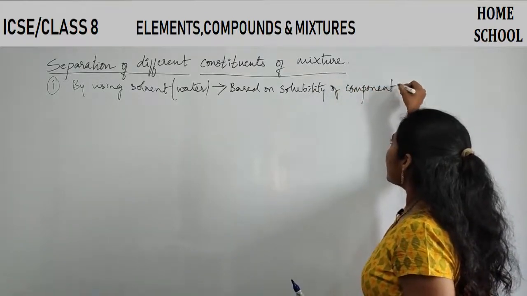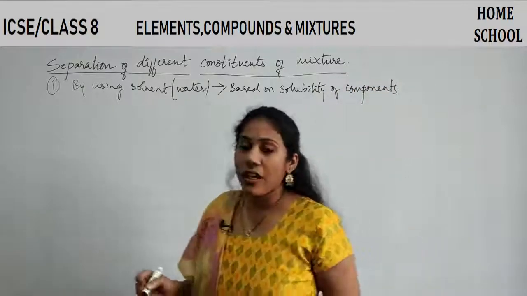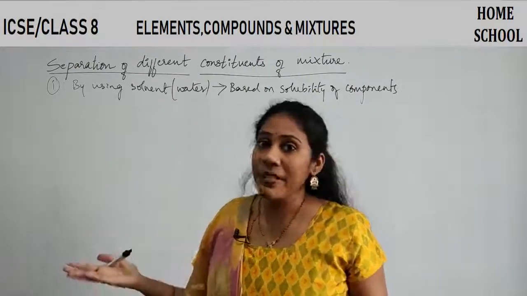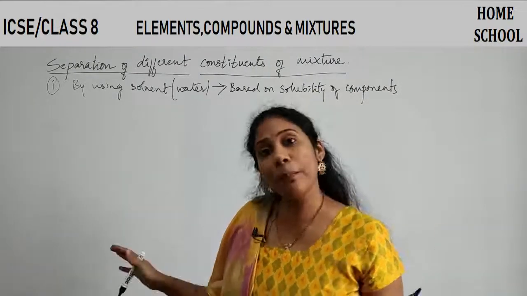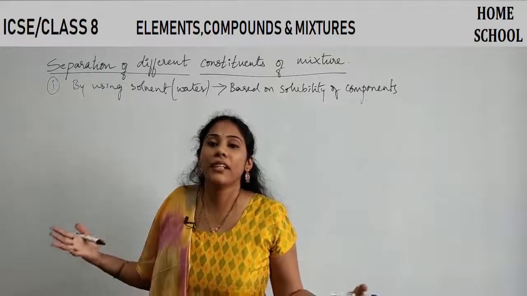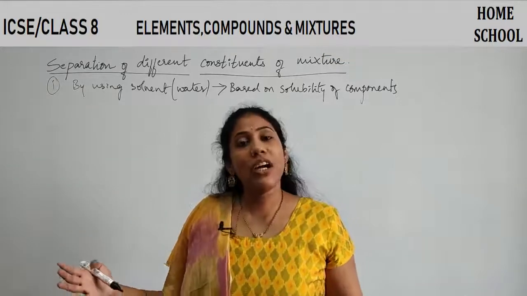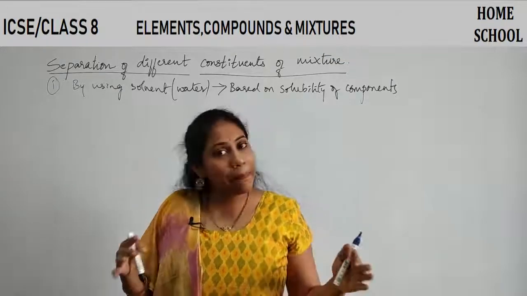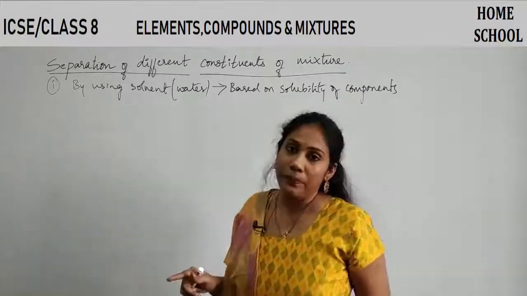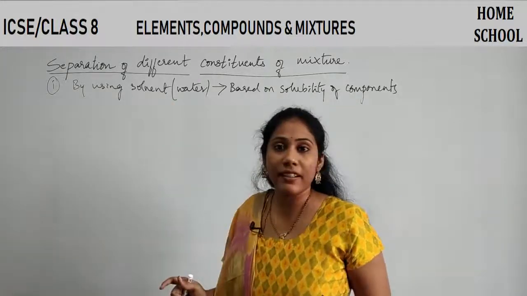Say I will select a mixture in which one of the components is soluble in water, and the other component is not soluble in water. Such a mixture can easily be separated with the help of water, that is, with the help of a solvent. Clear?